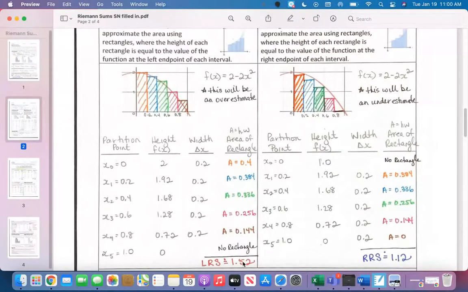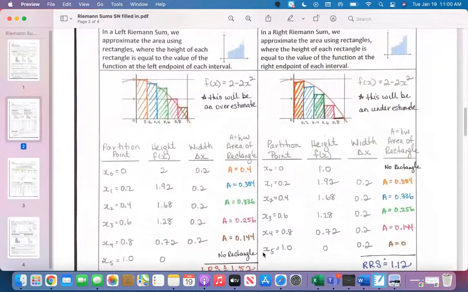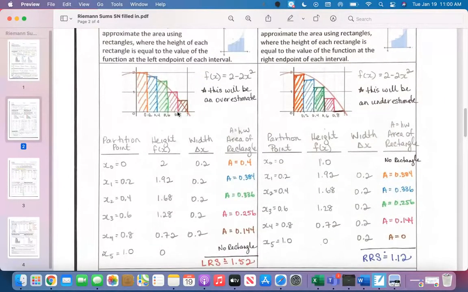I add them up, and I get my left Riemann sum, because I'm using the left endpoints to calculate my areas, as approximately 1.52. And one of the things I want to point out to you is the concept of overestimate or underestimate. So if I look here, because this is going down, it's a decreasing function, I can tell that all of my rectangles are going to be a little bit more than what they should be.